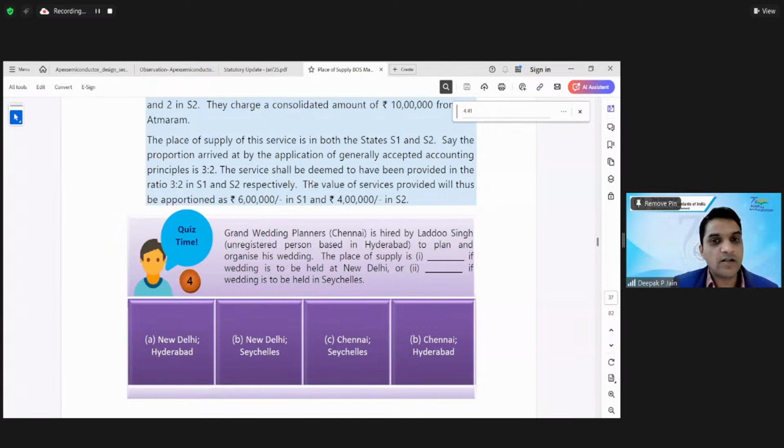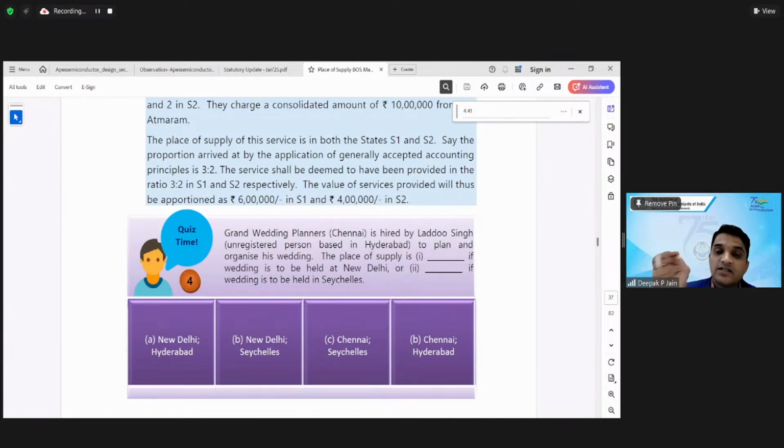12.9 is in case of a passenger transport service, and 12.10 is services provided on board a conveyance. Lot of difference. 12.9 is a passenger transport service. Passenger transport means the ticket you buy. But 12.10 is services which are provided on board a conveyance. So whatever service is provided in the transportation, that is 12.10.